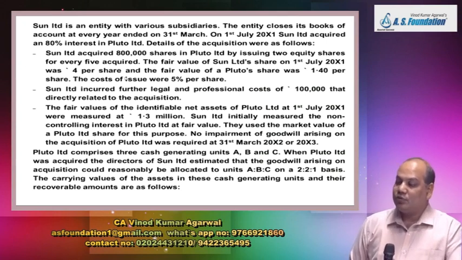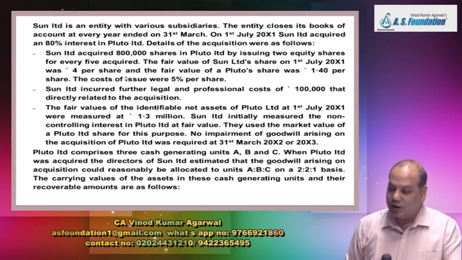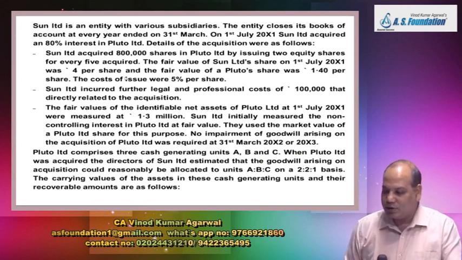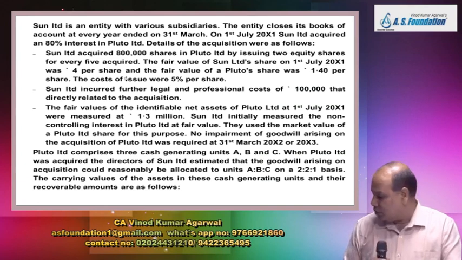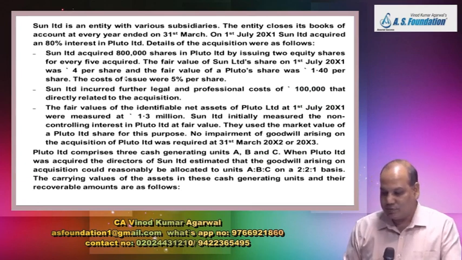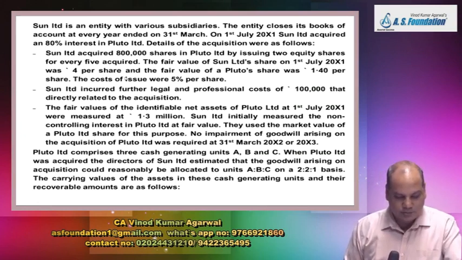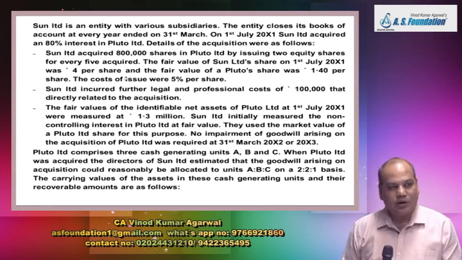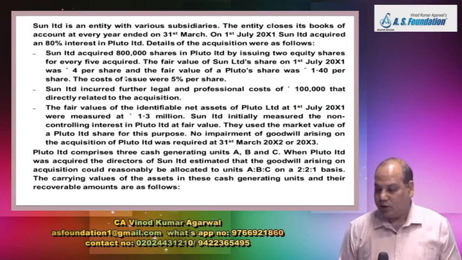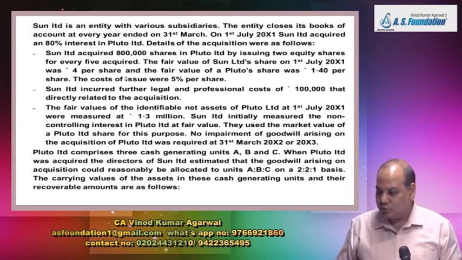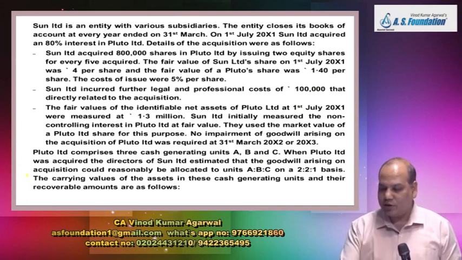On 1st July 20X1, Sun Limited acquired an 80% interest in Pluto Limited. Details of the acquisition were as follows. Sun Limited acquired 8 lakh shares in Pluto Limited by issuing 2 equity shares for every 5 shares held.